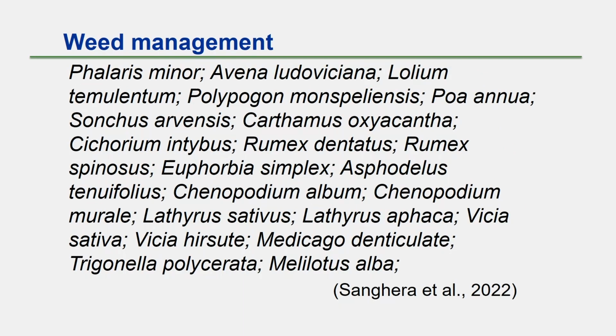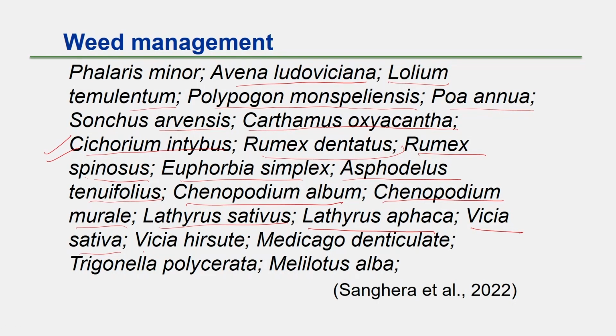Now, you can see the list of weeds: Phalaris minor, Avena ludoviciana, Lolium temulentum, Polypogon monspeliensis, Poa annua, Sonchus arvensis, Carthamus oxyacantha, Cichorium intybus, this is Kasni, Rumex dentatus, Jungli palak, Rumex spinosus, Euphorbia simplex, Asphodelus tenuifolius, Chenopodium album, Chenopodium murale, Lathyrus sativus, kind of Khesari, Lathyrus aphaca, Vicia sativa, Vicia hirsuta, Medicago denticulata, Trigonella polycerata and Melilotus alba.